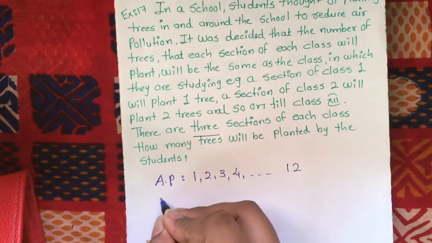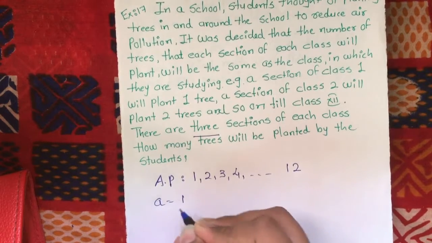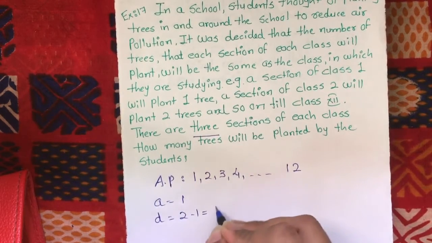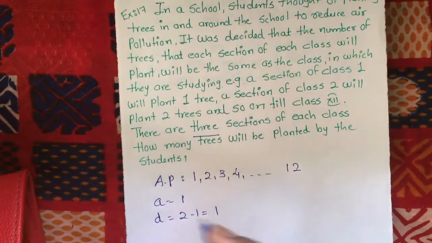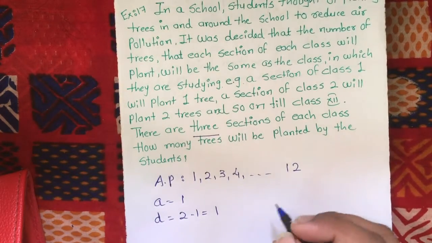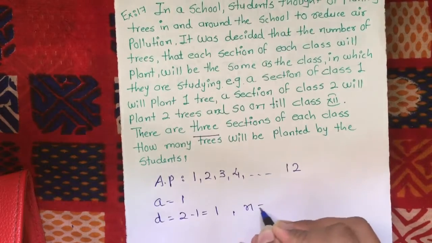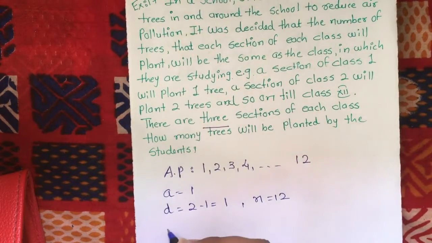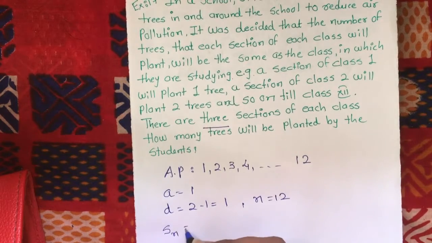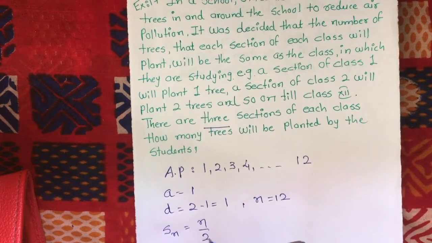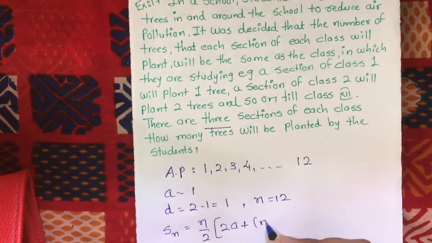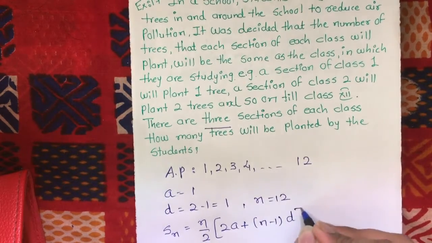Here we are having a, that is first term will be 1, the difference, that is 2 minus 1, which is again 1, and we are having n equals to 12, so there are total 12 classes. So now we have to find the Sn, that is Sn is equals to n divided by 2 into bracket 2a plus n minus 1 into d.